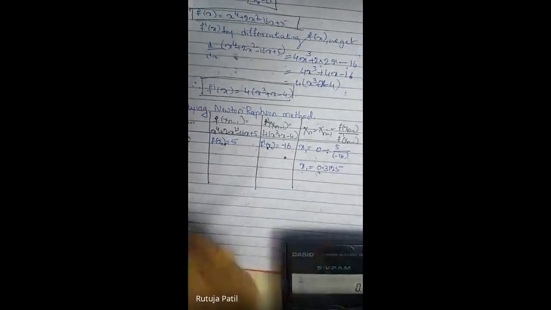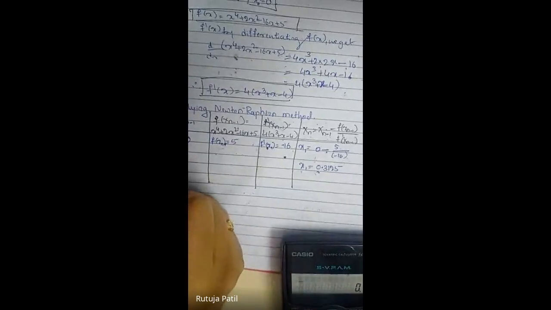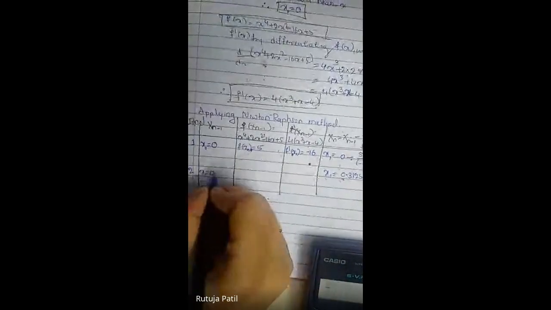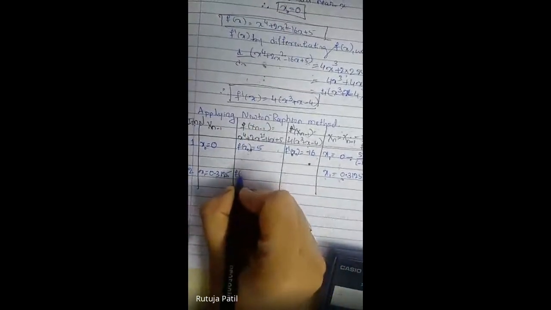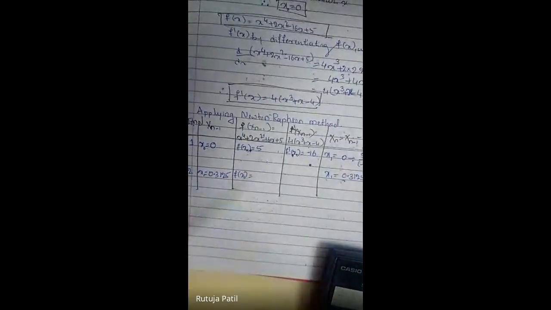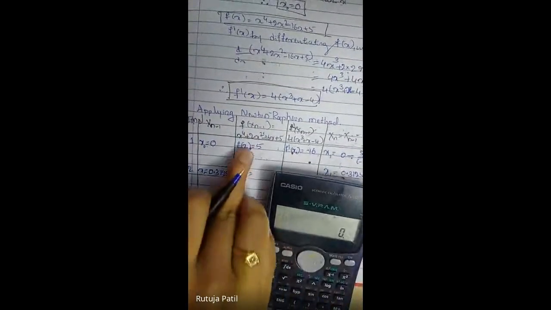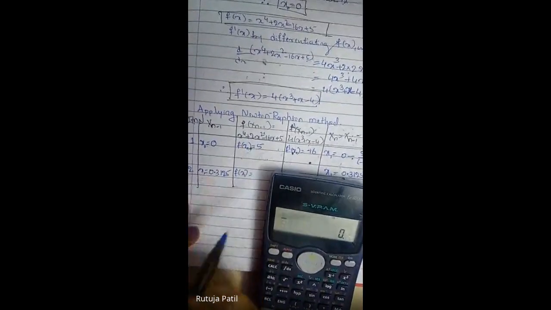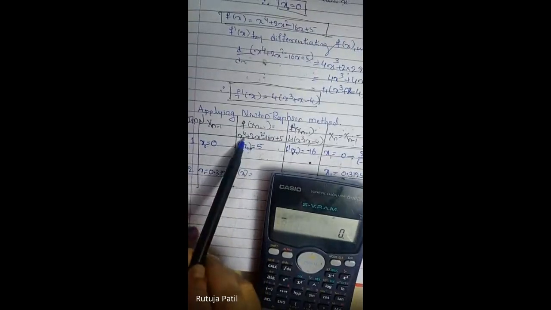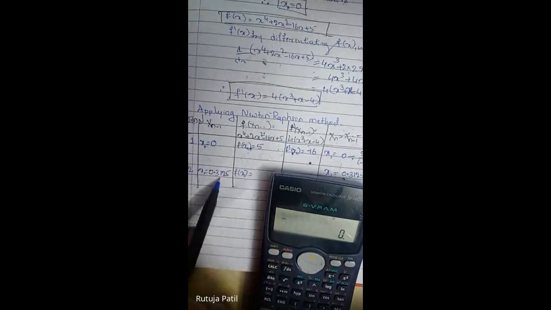Now next, we found x1 value. Now for the second iteration, here it's nothing but x1 value, whatever we have got, 0.3125. Now substitute this x1 value in this, so that we will get f of x1. Wherever x is there, the value, that is this x1, 0.3125 to the power 4 plus 2 into 0.3125 square minus 16 into 0.3125 plus 5.